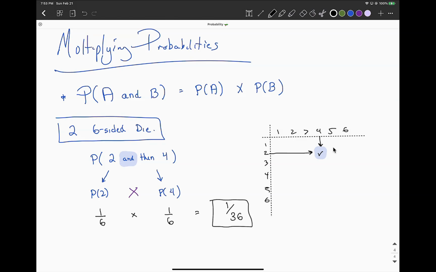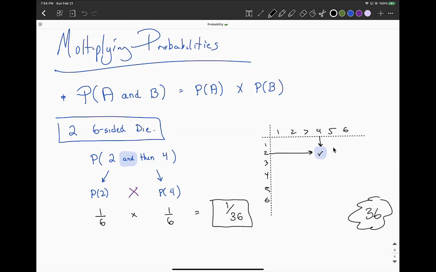That's the outcome I calculated, out of a total of 36 outcomes, since 6 by 6 is 36. So this multiplication trick really comes in handy when we start asking bigger questions.